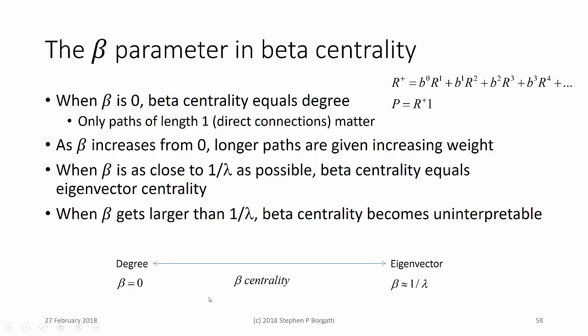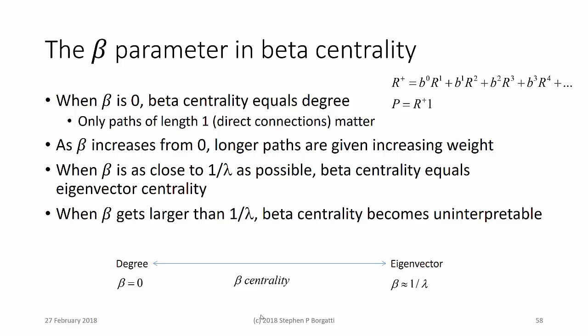Now, this is interesting because when you have directed data, beta centrality still works. It has an in beta centrality and an out beta centrality, whereas eigenvector falls apart. Can't run it. And under those conditions where eigenvector can be calculated, if you set beta to the right number, you get eigenvector.